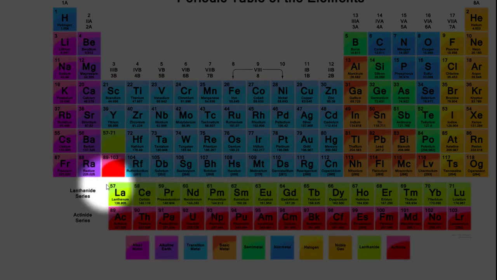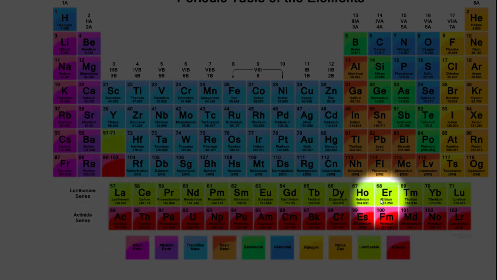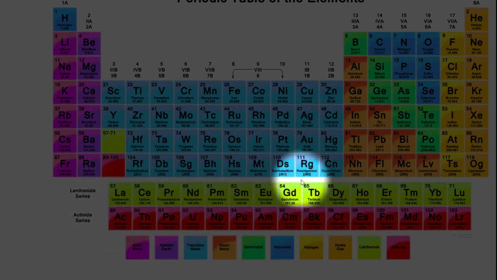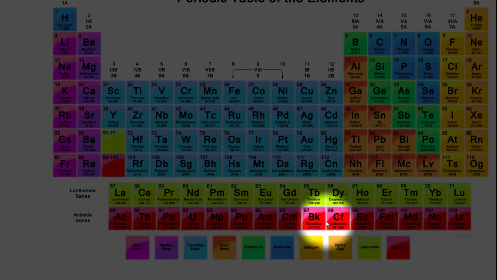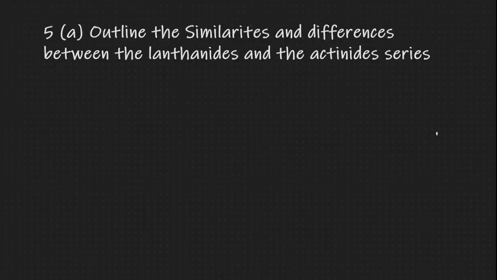You can see that the lower part of the periodic table is made up of the lanthanide here, and we have the second lower part, the actinide. So they are those elements that occupy the lower part of the periodic table, and we call them the F block elements.